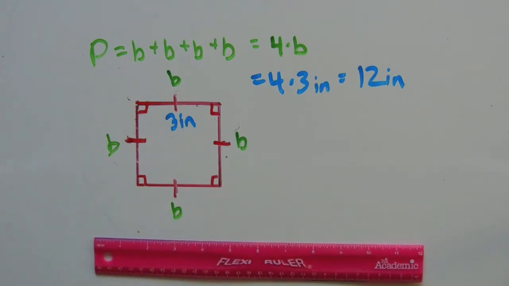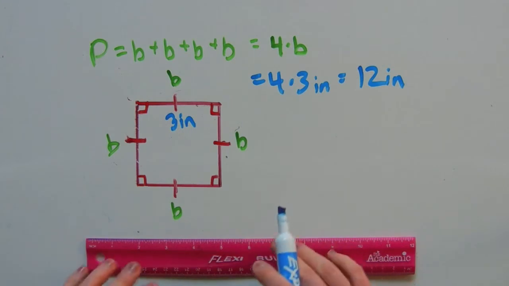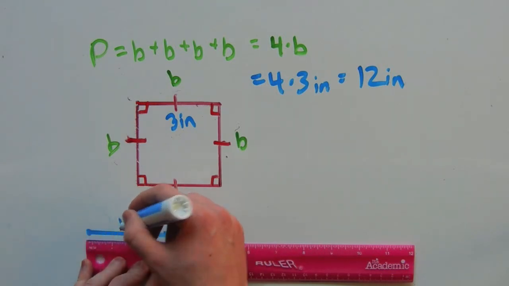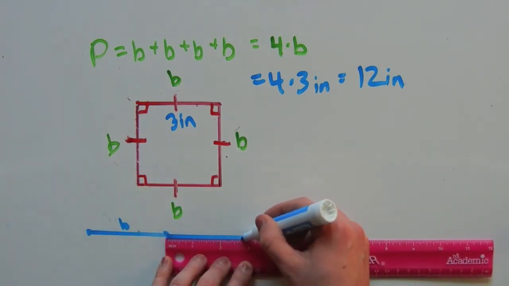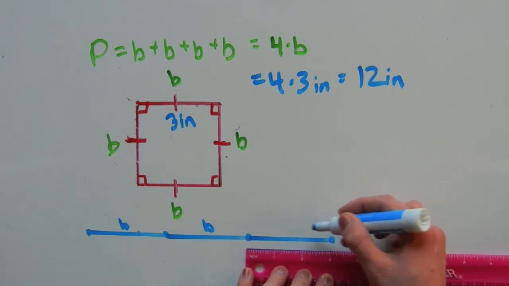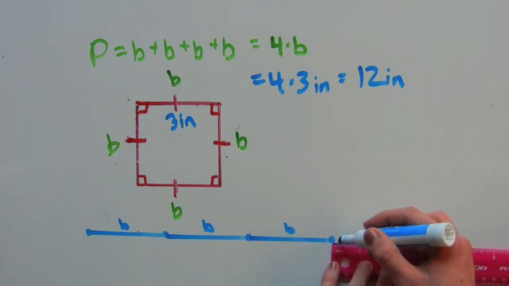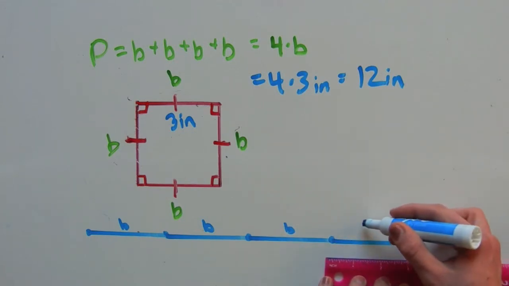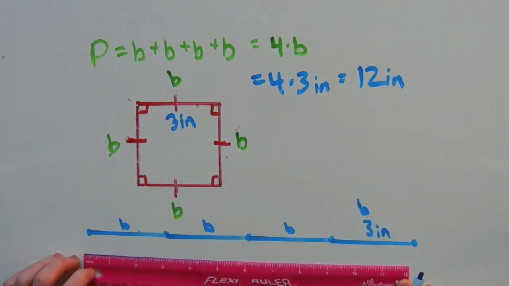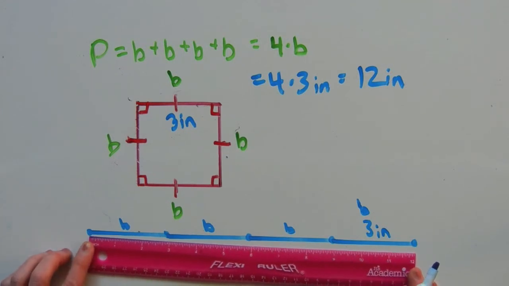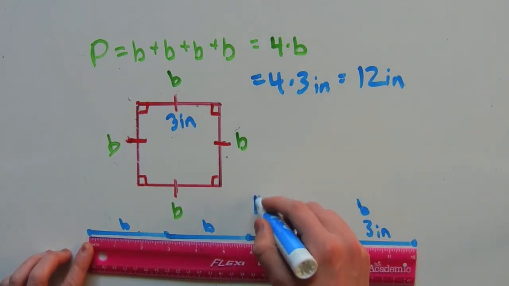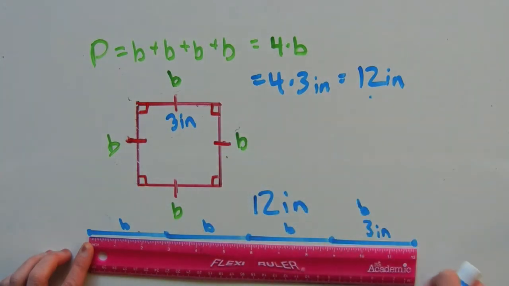So again, if we were to draw this and extend each of these sides out, 1 B is 3 inches, another B is 3 inches, three inches for another B, and 3 inches for our last and final B. You can see that if I was to measure from the starting point of the first side to the ending point of the last side, when we extend them out in a straight line, that is equal to 12 inches total, which checks out with adding up our sides.